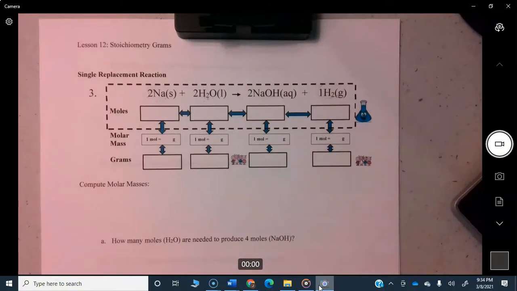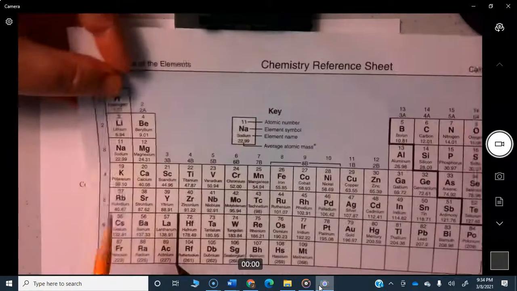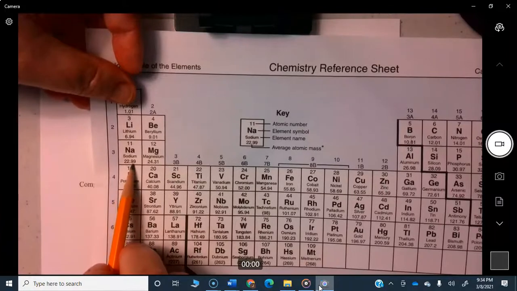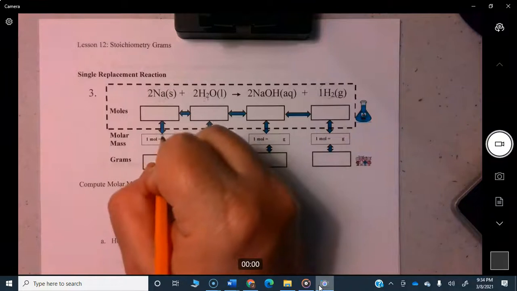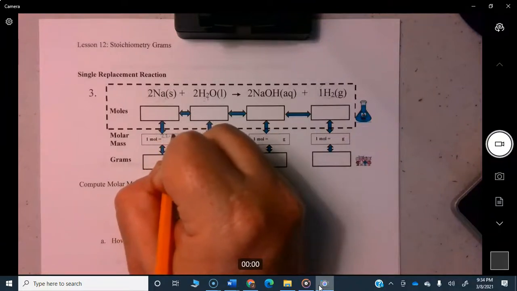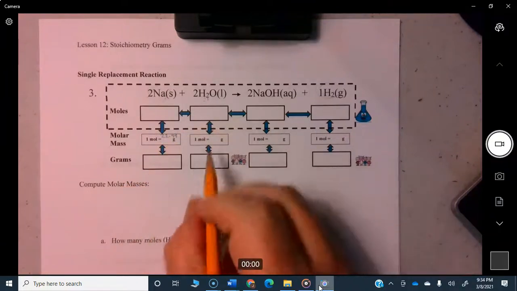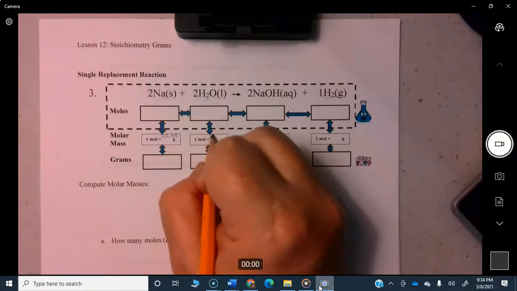Okay, let's go ahead with molar masses. Na is sodium. That's just a pure element, so it's straight off the periodic table, 22.99. Write it up there. Water, you're going to start to have this one memorized very quickly. It's 18.02.